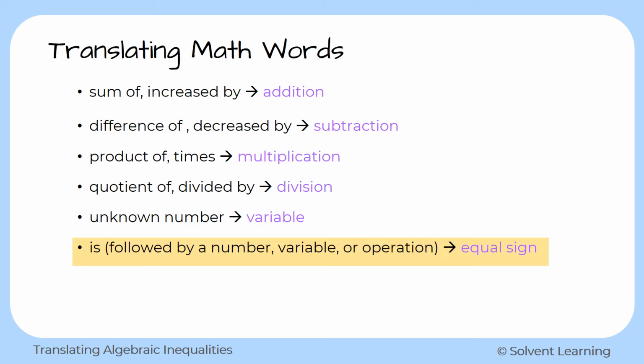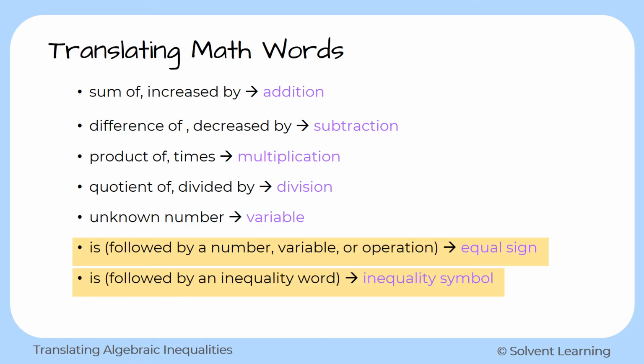So when the word is is followed by a number, a variable, or some type of operation like addition, subtraction, multiplication, or division, then that word is will translate into an equal sign. However, if the word is is followed by an inequality word, then it's going to translate into an inequality symbol.